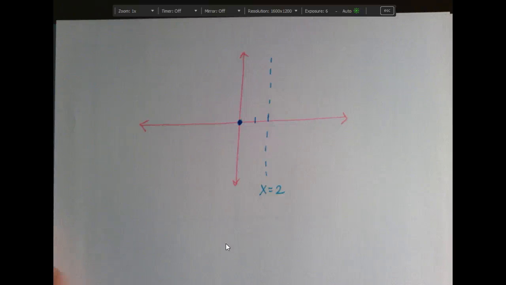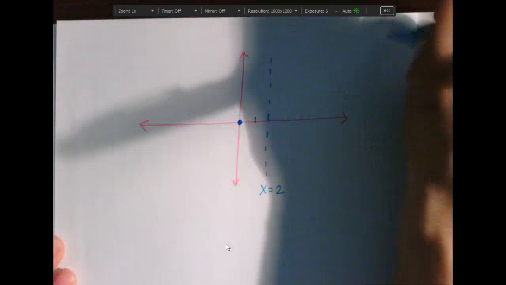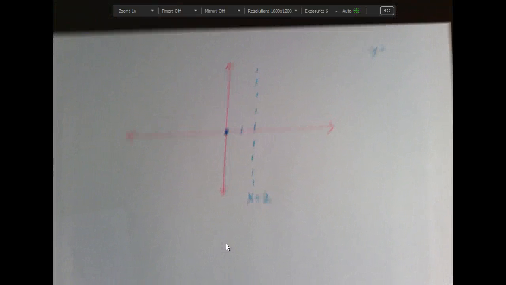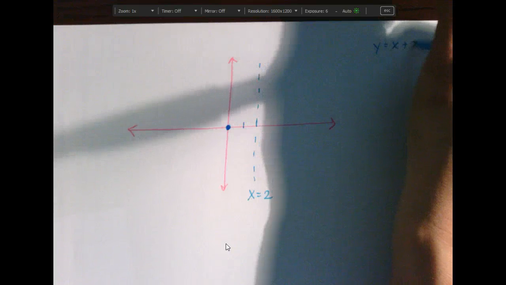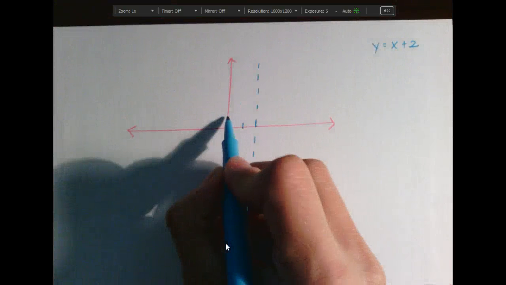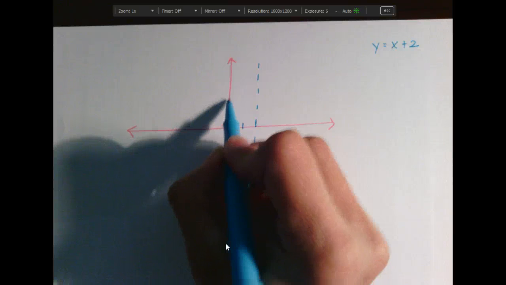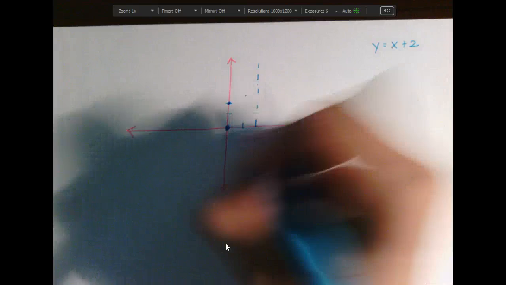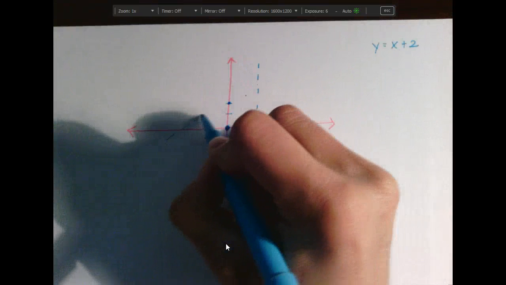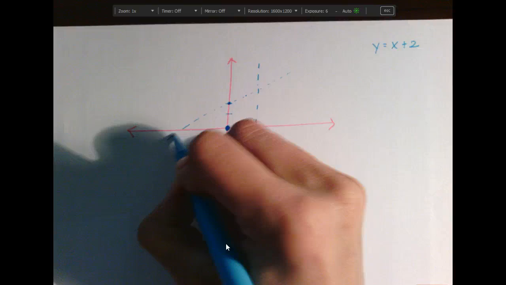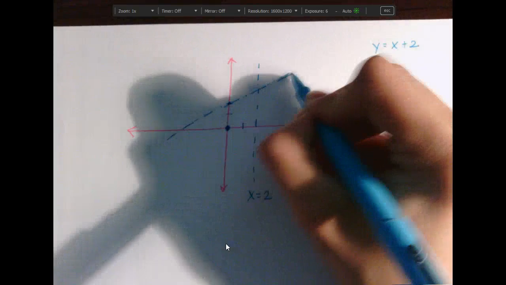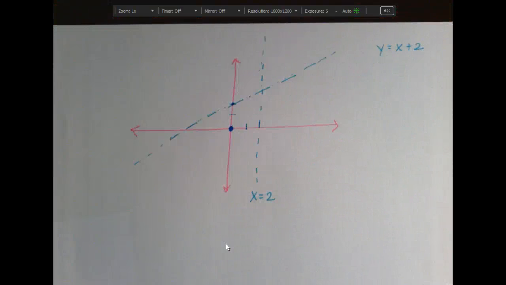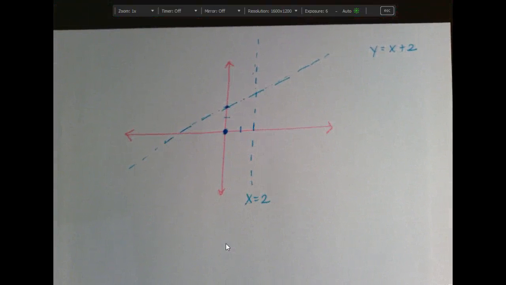And I've got a slant or an oblique asymptote at y equals x plus 2. So I need to graph that as well. It's got a y-intercept of 2 and a slope of 1. And it's not exactly straight, but you get the idea.